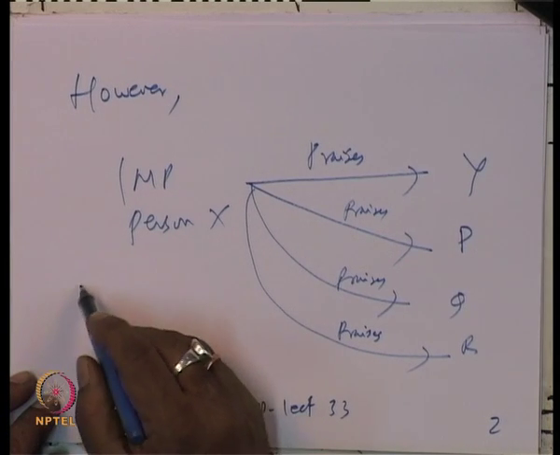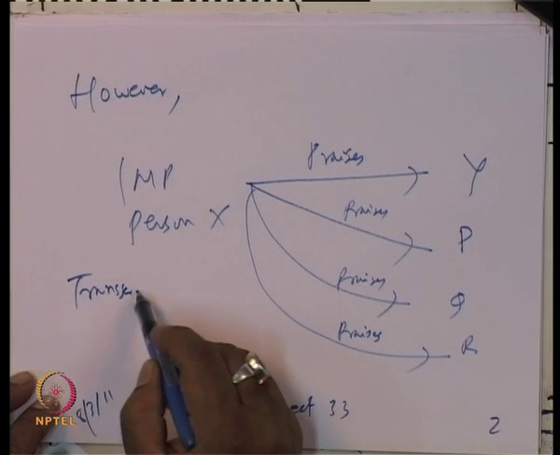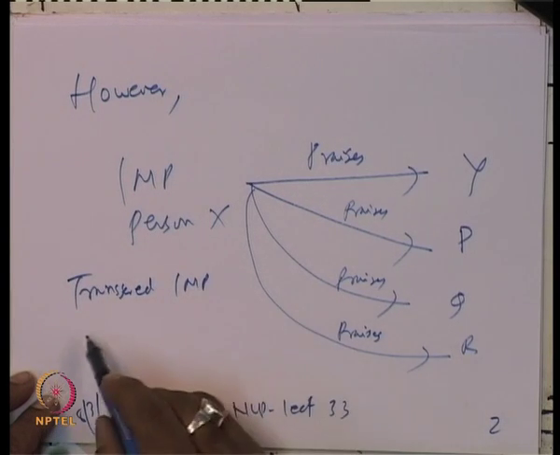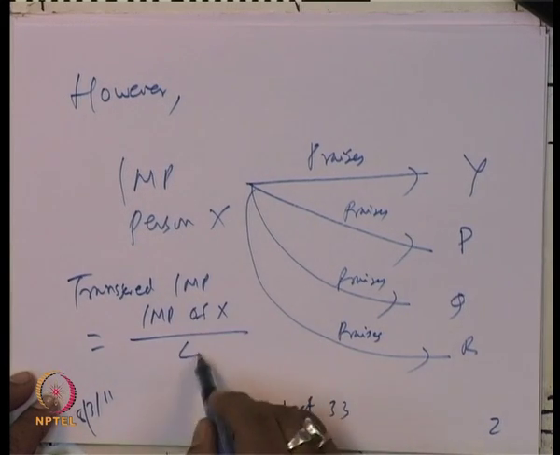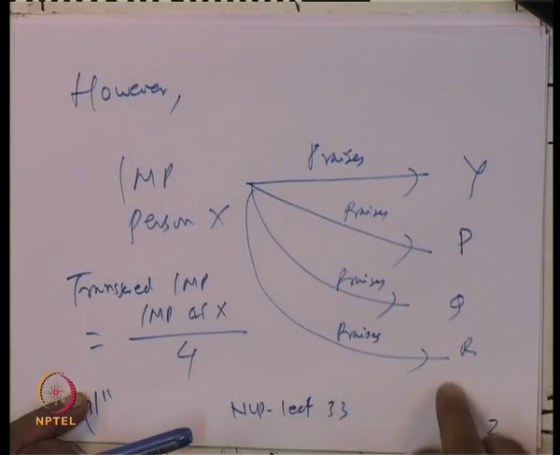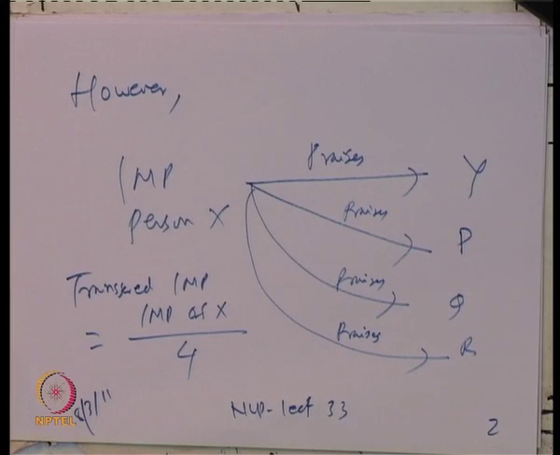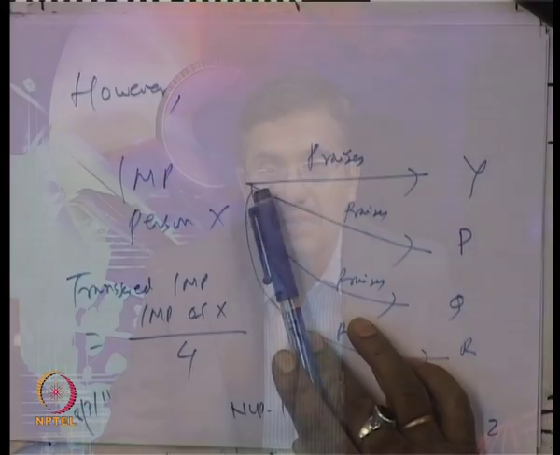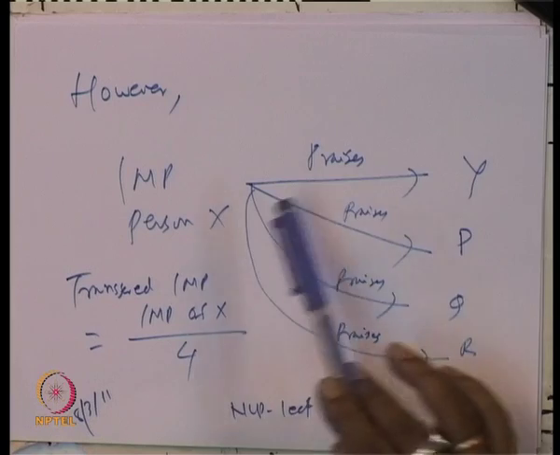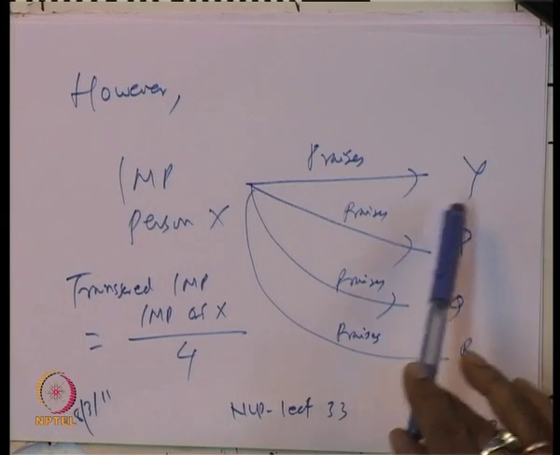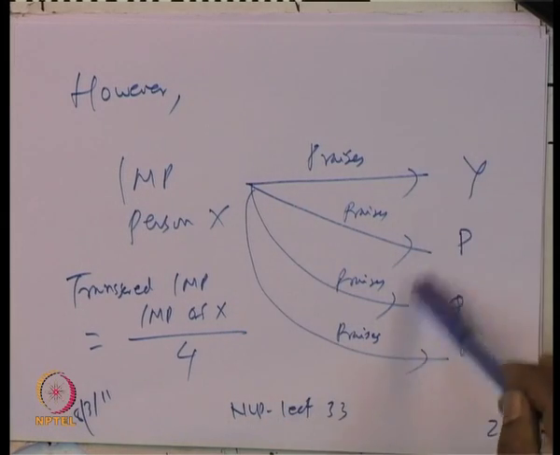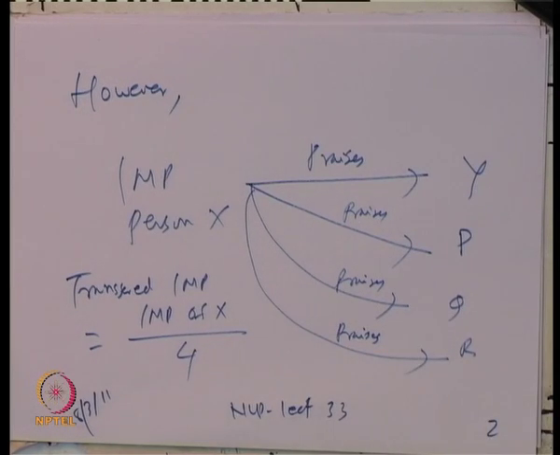So, then we can say that transferred importance is equal to importance of X divided by 4, because there are 4 recipients, as you can see, Y, P, Q, R. So, this is the main idea behind the PageRank algorithm. The PageRank is transferred from a person to another person, in this case a node to another node, and if there are many outgoing links from a node, we divide the PageRank and send it to the receiving nodes. All right. So, coming to the slides now.